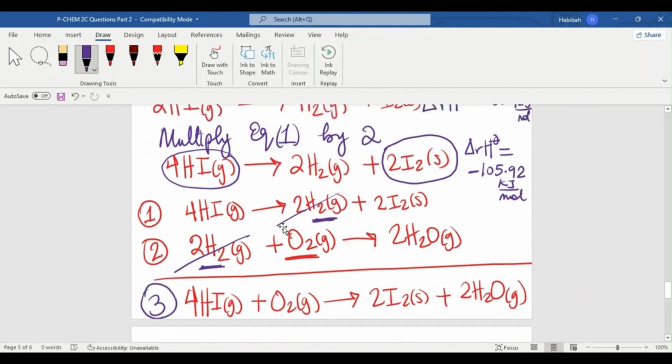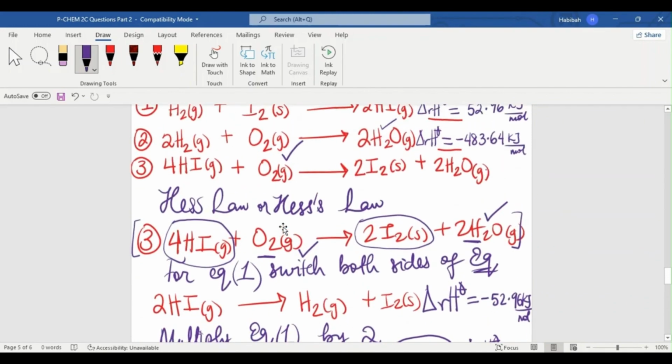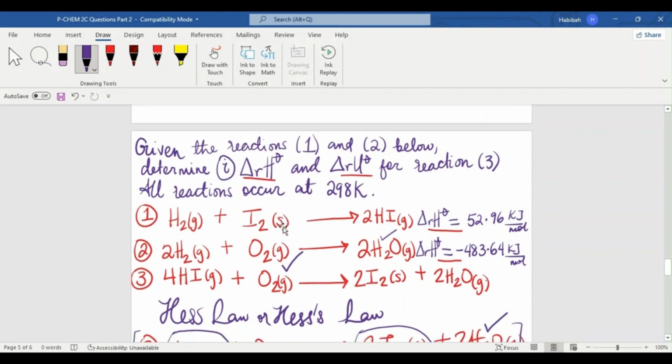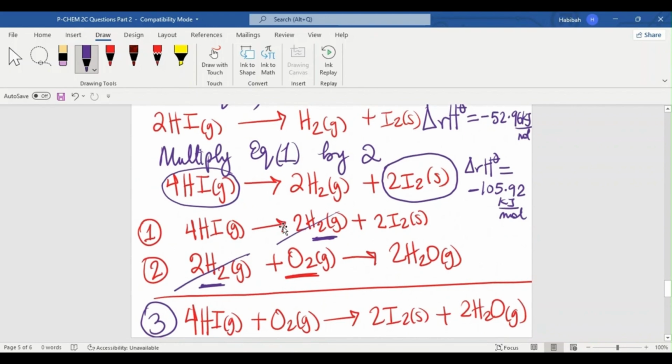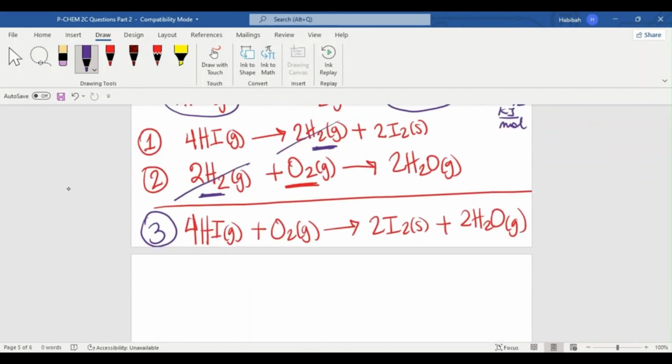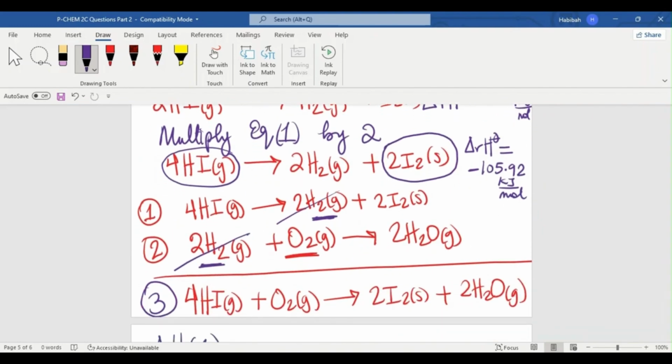Now you're going to notice that I still haven't answered the question, the change in enthalpy of reaction. Well, it's easy. The manipulations you did in equation 1 and equation 2 are used to find the new equations. For equation 1, we have 105.92 kilojoule per mole.